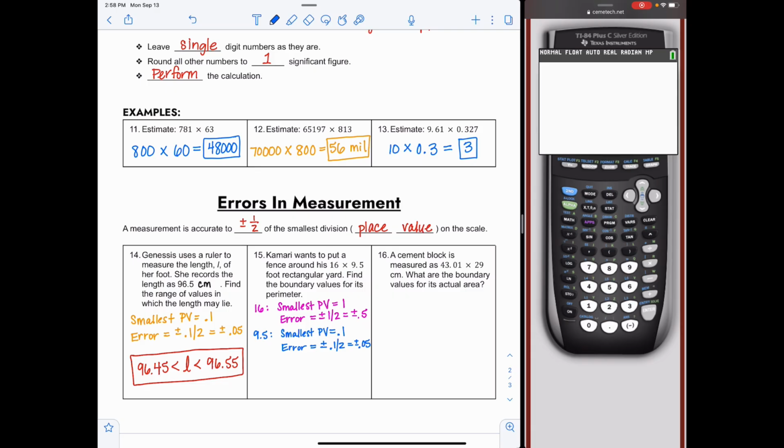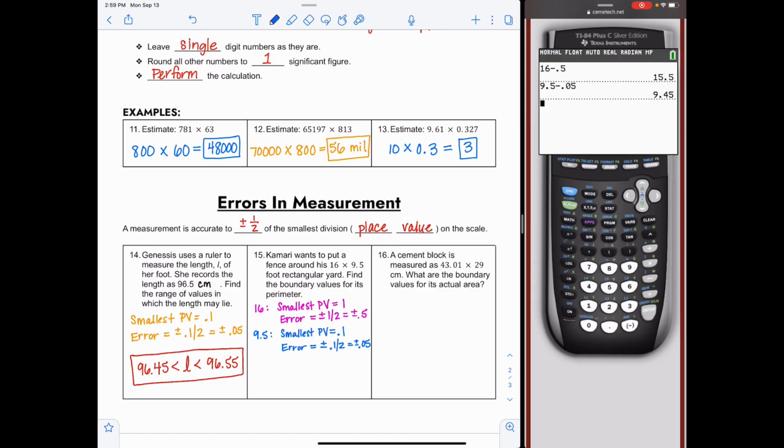If I find my lower bound of 16, 16 subtract 0.5, my lower bound will be 15.5. If I look at the 9.5 and I subtract, it's going to be minus 0.05. So 9.45 is my lower bound of my measurement of 9.5 feet.